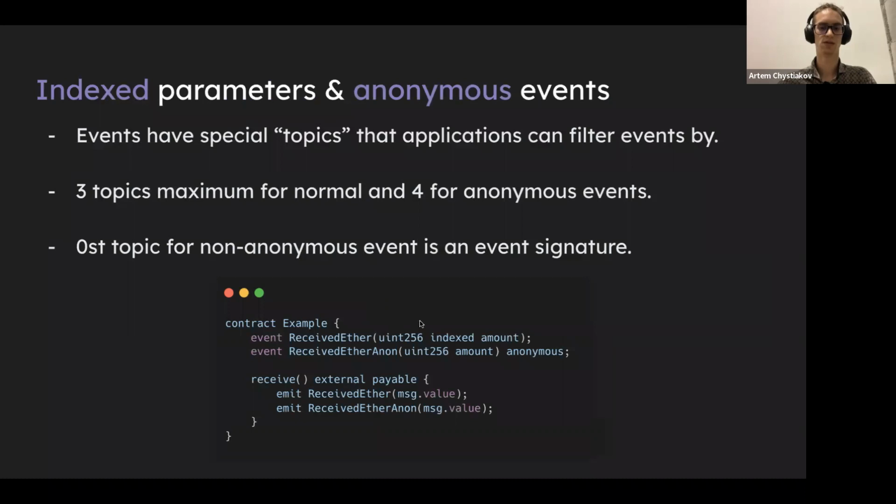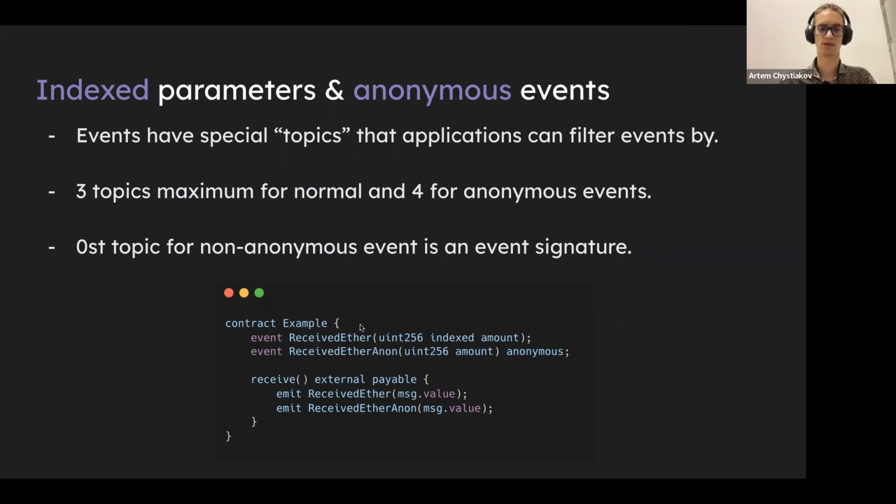But here, in our example, I added the indexed parameter. So this means that our amount won't be placed into the special location, and it won't be ABI encoded. It will be just the amount that we passed. And indexed parameters or topics can only hold values up to 32 bytes.